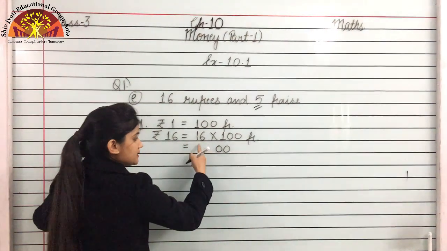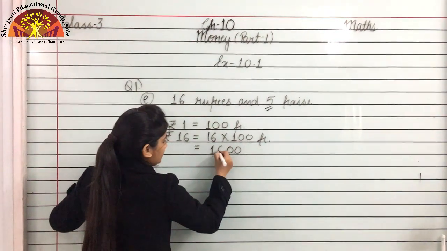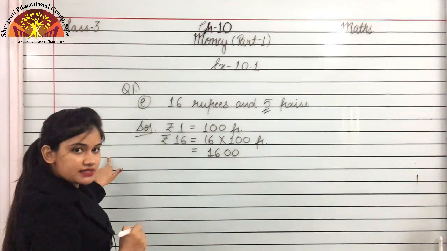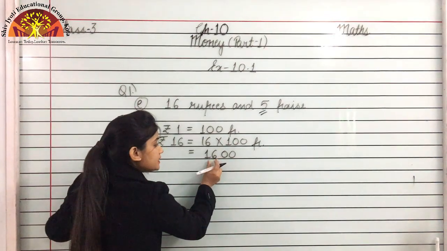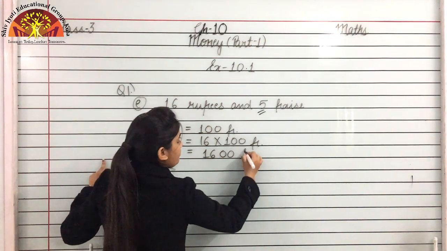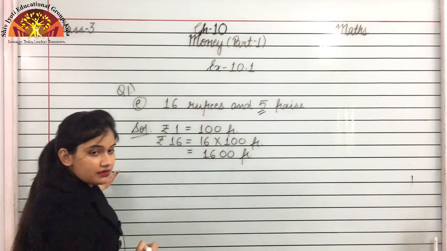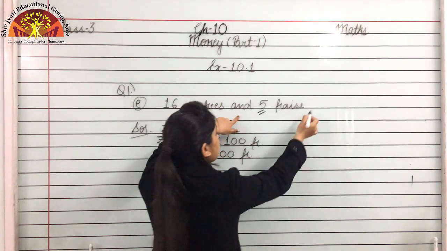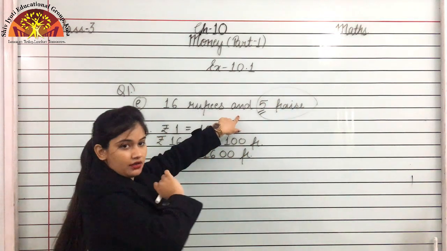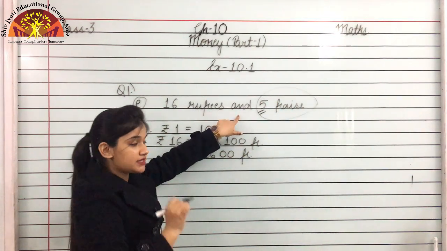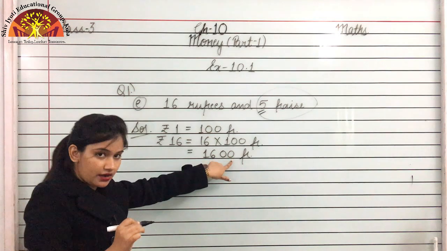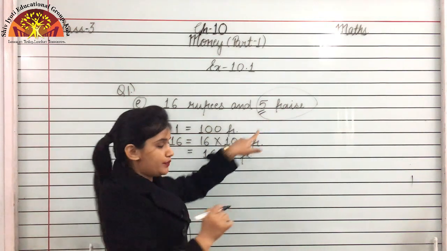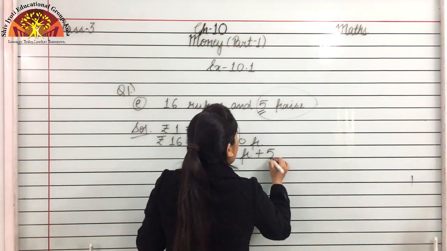Now we'll multiply this 16 by 1 and it will be 16 ones are 16. So what is the answer? 1600 paise. Is it clear? But now in this question you can see 5 paise. So what do we have to do now? Now this time we have to add 1600 paise to 5 paise. So plus 5 paise.